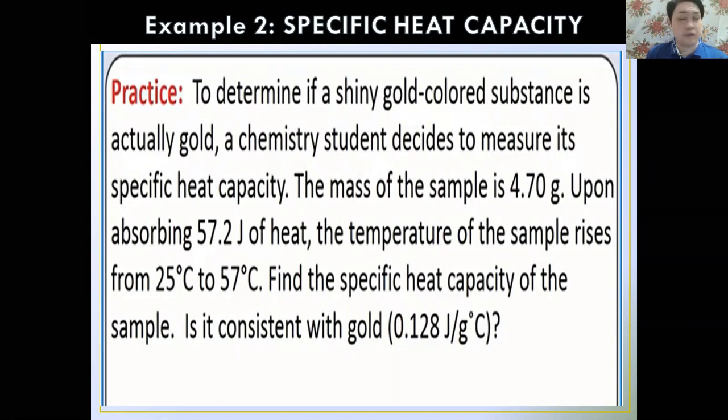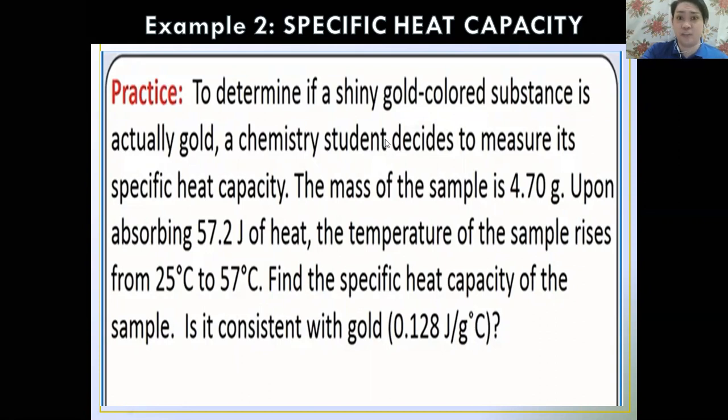Upon absorbing 52.2 joules of heat, the temperature of the sample rises from 25 degrees Celsius to 57 degrees Celsius. Now, this is the problem. Find the specific heat capacity of the sample. Is it consistent with gold, which is 0.128 joule per gram degree Celsius?